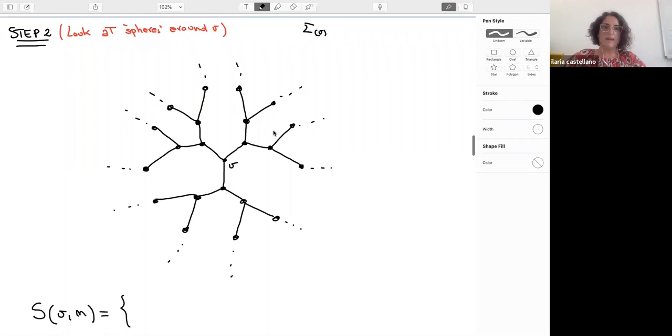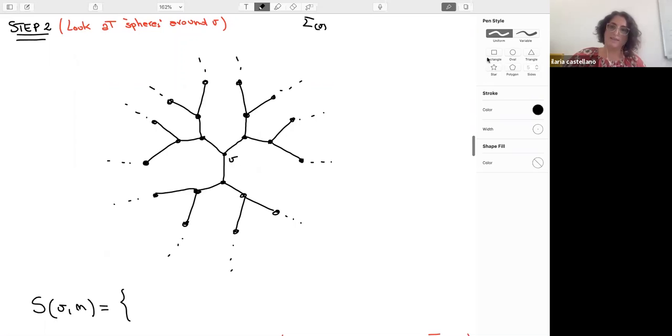So what do I mean by the term sphere? This should be quite intuitive as well. If I fix a vertex V in a graph, I can always talk about a distance from another vertex X in the graph to V, because since the graph is connected, there is always a path connecting the two vertices.